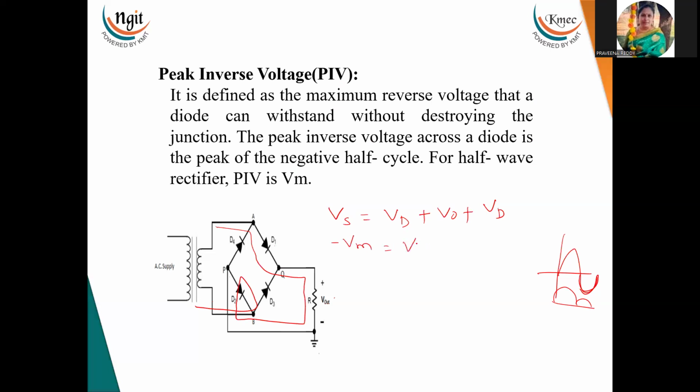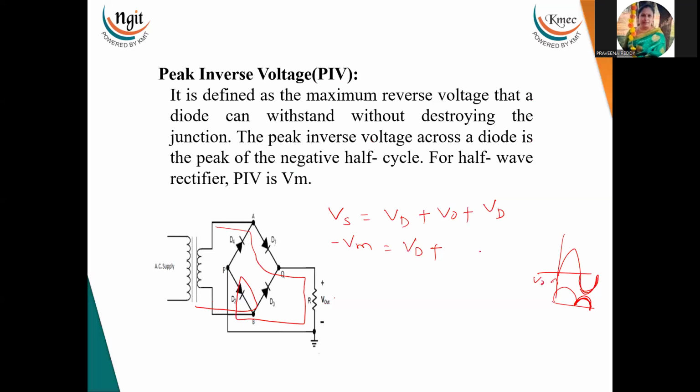So for VD, we need to calculate the voltage drop. Now for the negative half cycle, what happens? D3, D4 are conducting and D1, D2 are not conducting. At that time, what is the voltage drop across D1, D2? That we need to find out. So we take VD plus, and because two diodes are conducting, current is flowing and voltage is available across the load.